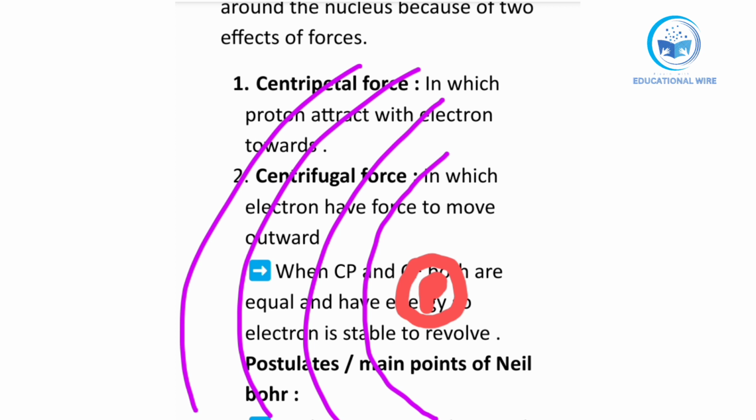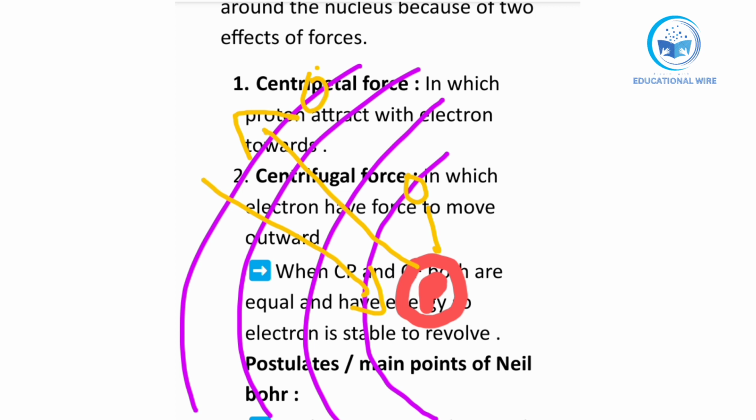Now what happens here is that the nearer the orbit, the lower the energy level. Remember that: the nearer the orbit is, the lower the energy level is. The farther the orbit is, the higher the energy level is. So from the nucleus to the last orbit the energy increases, and from the last orbit to the first orbit it decreases.